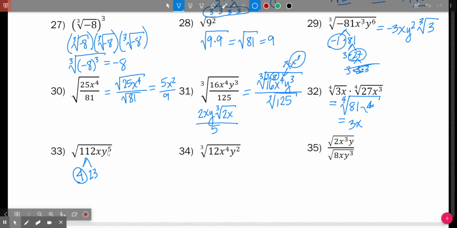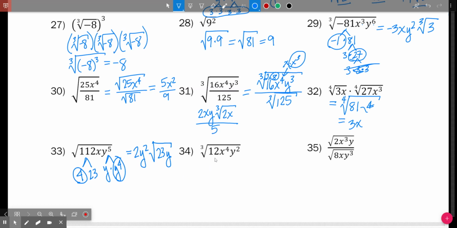X is not a perfect square, and y can be factored into y times y to the fourth power, where y to the fourth power is a perfect square. So this will simplify into the square root of 4 is 2, the square root of y to the fourth is y squared. But the 28 and one of the y's will have to stay inside the radical.